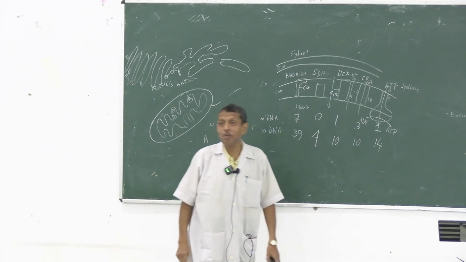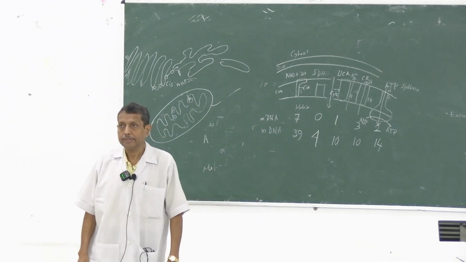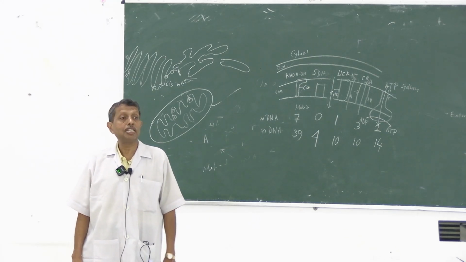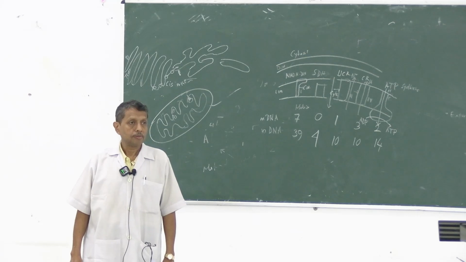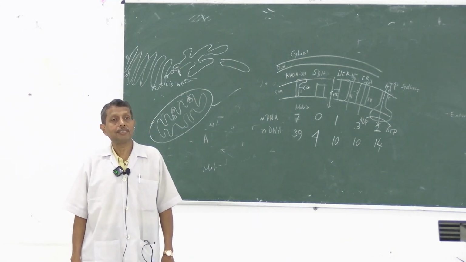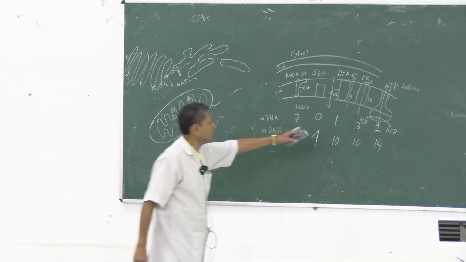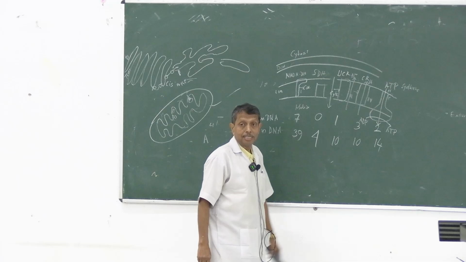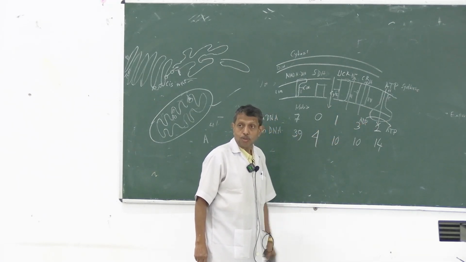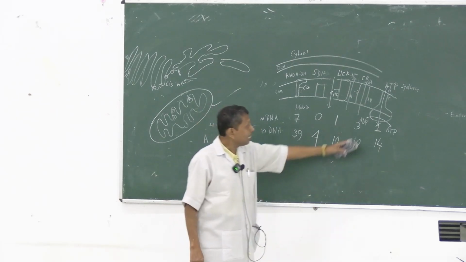Then there will be energy wasting, but ATP is not produced. This is disruption of oxidative phosphorylation. Dinitrophenol and other drugs cause this shunting path, so the hydrogen ion may not go completely through this, and energy is wasted, but ATP is not formed.